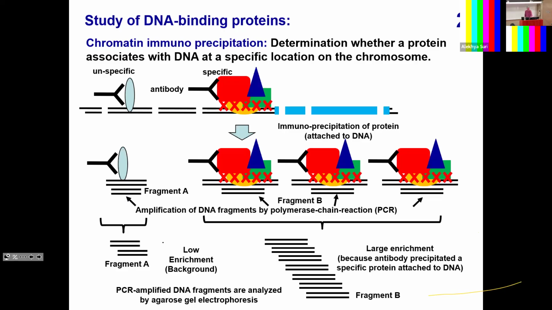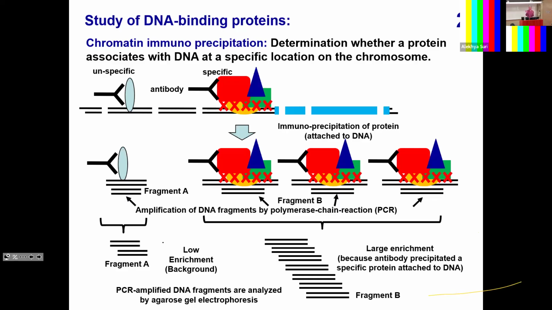When you look at the protein complex with the antibodies, the specific protein complex, you will see a lot of PCR enrichment will be created. So that means this protein complex binds to this DNA fragment, but not, for example, 1 kilobase upstream or downstream.